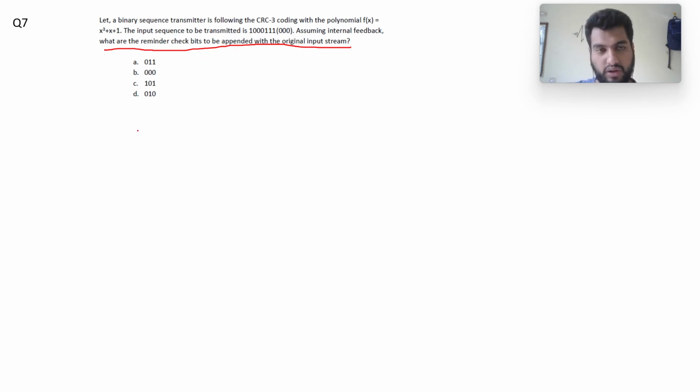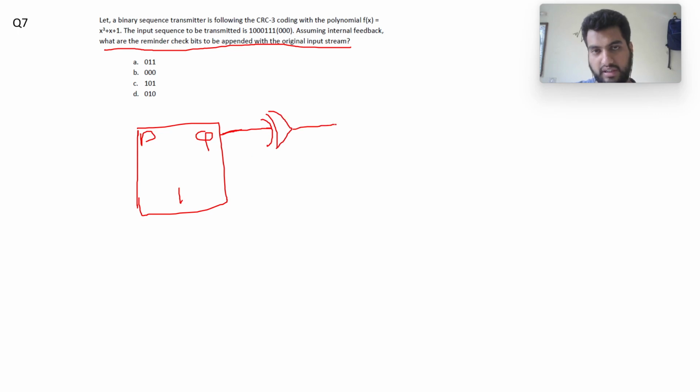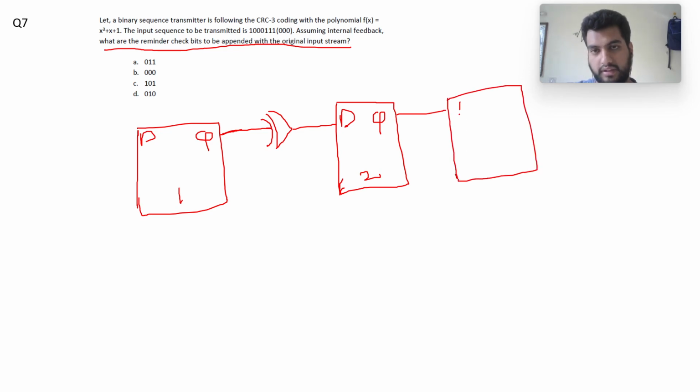If you recall from your lectures, CRC means cyclic redundancy check, and this is nothing but a chain of D flip-flops. This is termed as 1, and its output here is going to this XOR gate, which refers to the internal feedback, and this is my D2. So this is Q1, this is Q2, and this is D3. This is Q3.